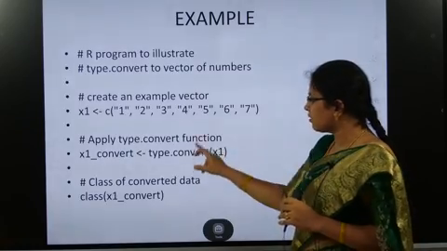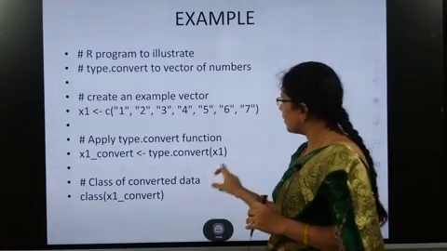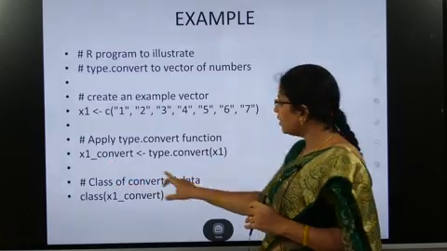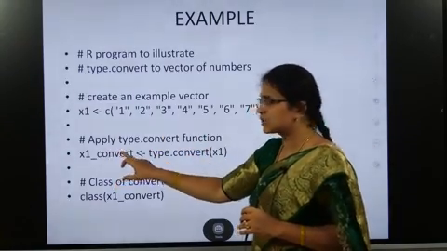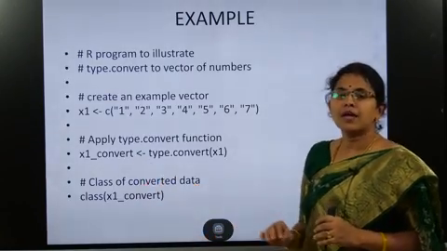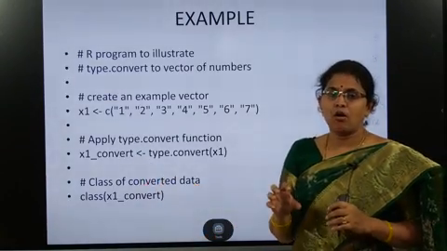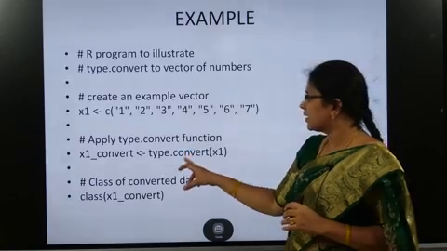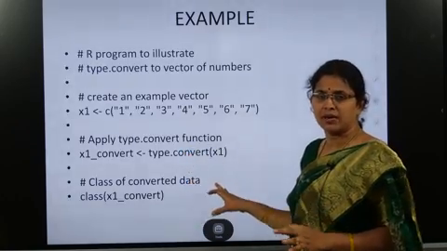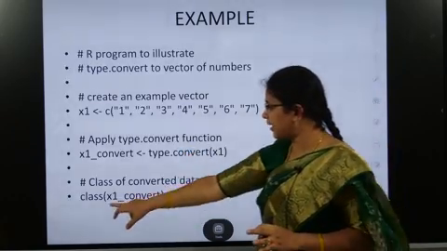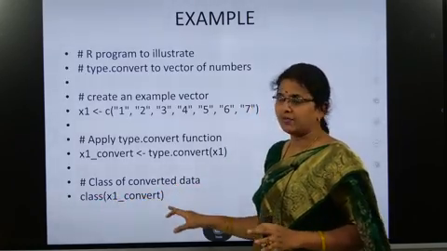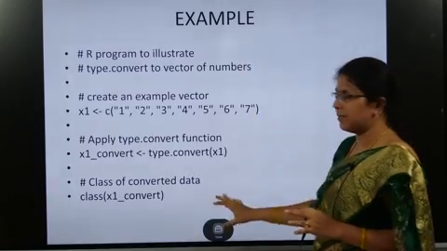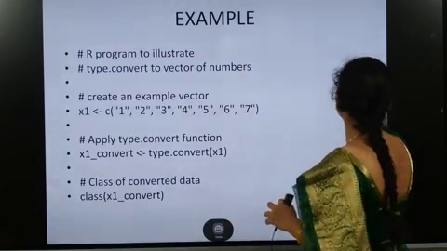Once you give this, the result is stored in x1_convert. I want to know the class of this converted x1 variable, so I apply the function class of x1_convert. By giving all these commands I will get the result on the screen.